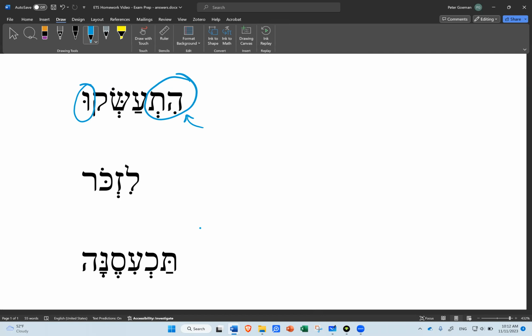And in that case, the first letter would be a yod or a tav or an aleph, or in some cases a nun. That would be the first letter, but the second letter would still be a tav. So that's how you could tell the difference between imperfect and perfect. But in this case, it's a Hitpael, and it's imperfect. Sorry, perfect. Perfect.